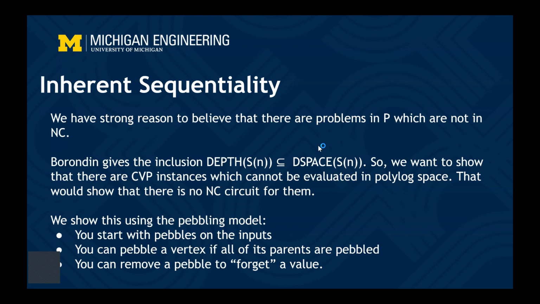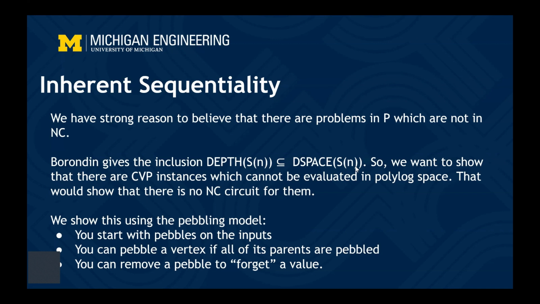And so the model of computation we use for this is the pebbling model. So you can think of having a DAG, which represents the circuit, and you have a pebble representing when you store in a value. And so you start with pebbles on all the inputs, and you can pebble a vertex if all of its parents are pebbled in the DAG, representing you have all the values stored, and then you compute that value.